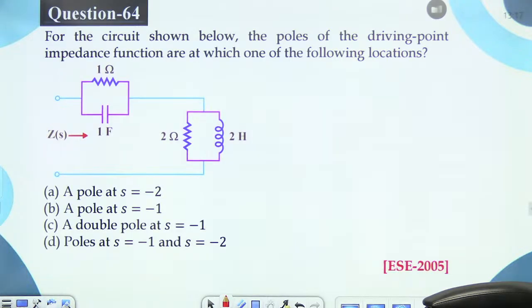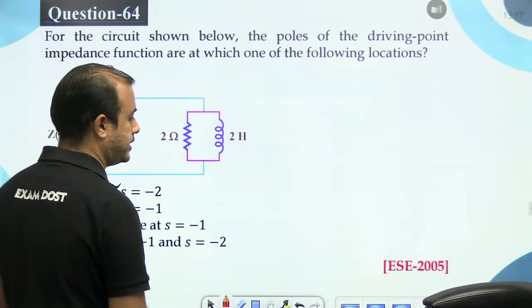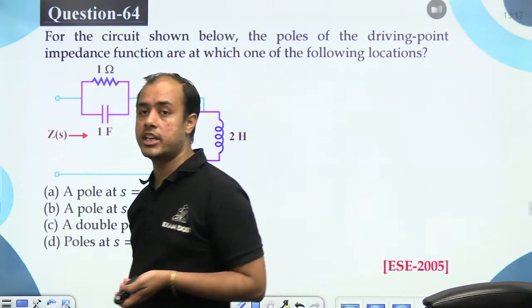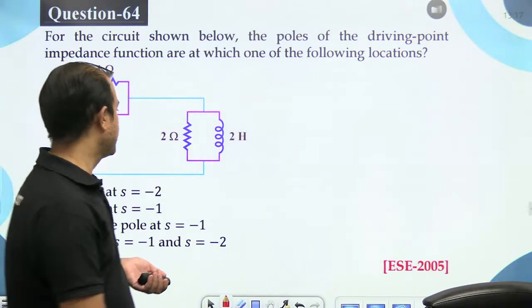Poles of the driving point impedance function are at which location? Again, ESE 2005. I need the location of the poles.